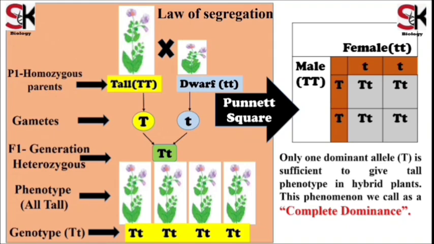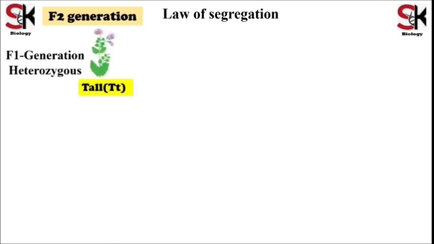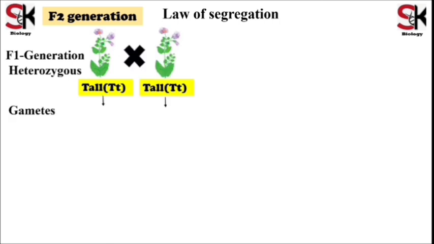Now, Mendel wanted to know how this trait will pass to the next generation, that is, the F2 generation. For that, he did self-fertilization of the hybrid F1 plant. The hybrid F1 plant produces two different gametes, one with the dominant allele and one with the recessive allele.